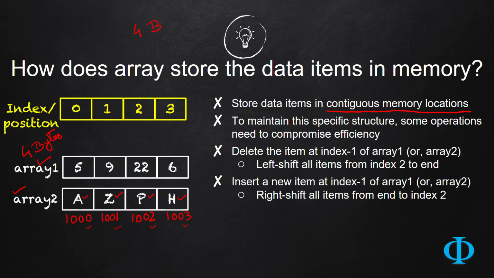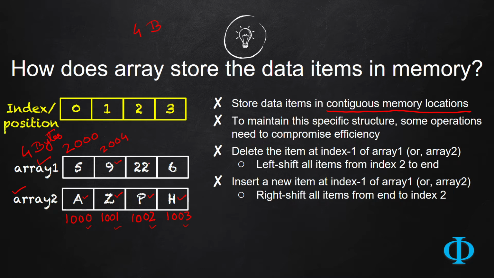So what should be the memory location for each index in array 1? Let's say array 1 starts with the memory location 2000. Now an integer takes 4 bytes, so the next element, which is 9 at index 1, will occupy 2004.